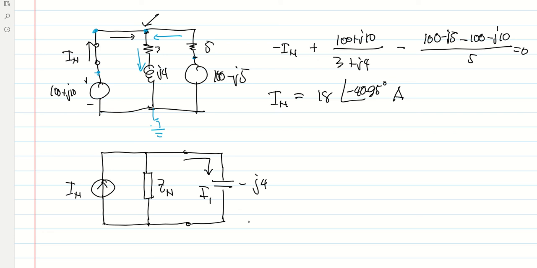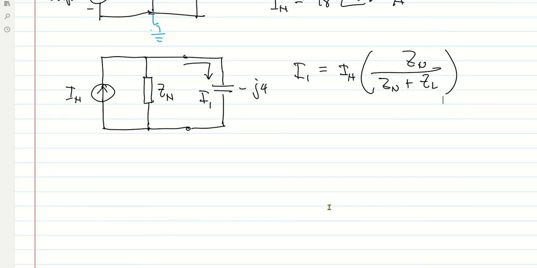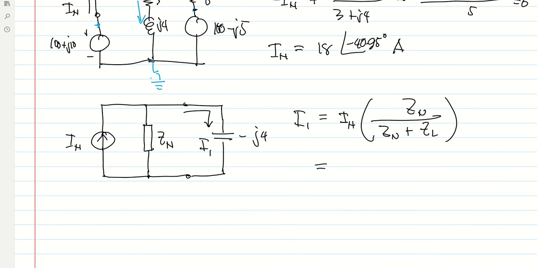And what will be I1? So calculate now. We can just do current divider, because the total current is IN, so just IN multiplied by ZN all over ZN plus the load impedance. We already know IN, that's 18 angle negative 40.95.